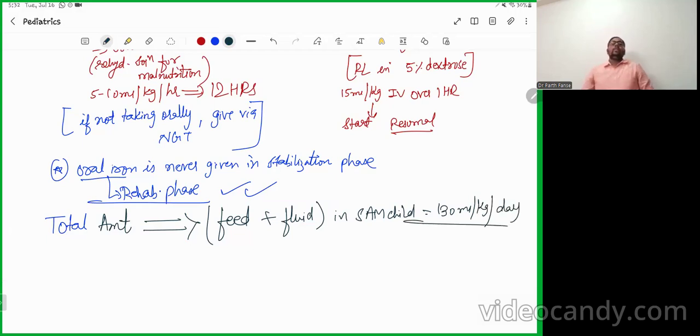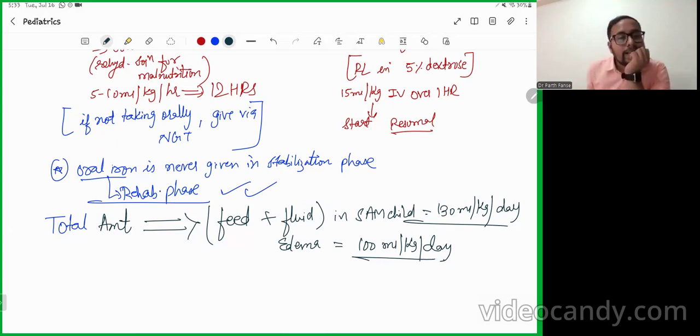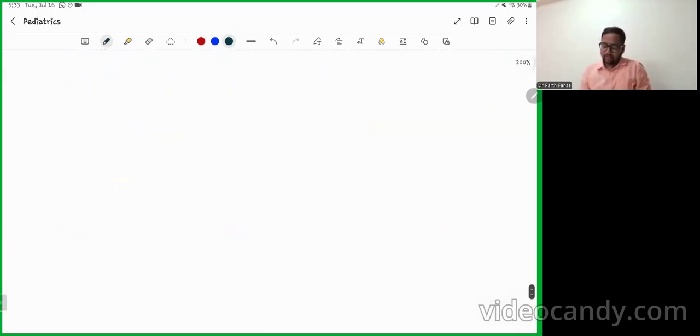But if edema is there, then you must give 100 ml per kg per day, not 130. Okay, am I done with this thing? Please go through once again. If you're having any doubt, you can ask me. Done?